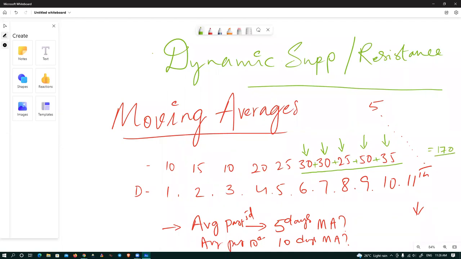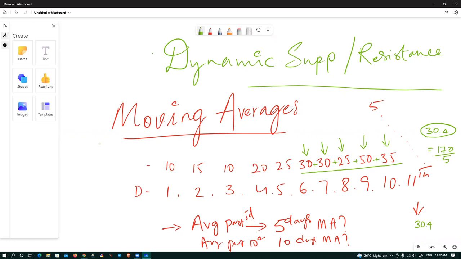Divide by the number of days we added, 5. So this is the value, 34. That is the average. So the previous 5 days moving average value will be 34.